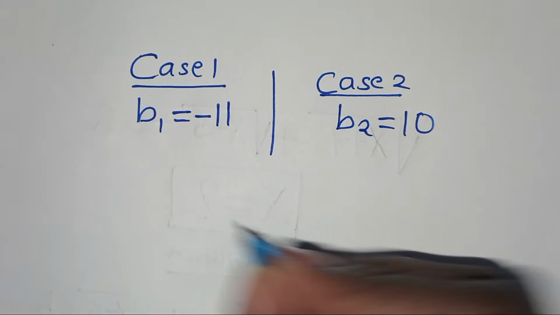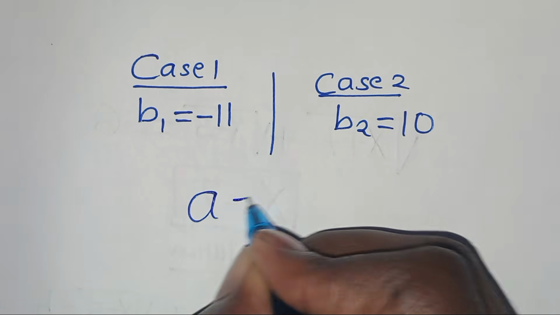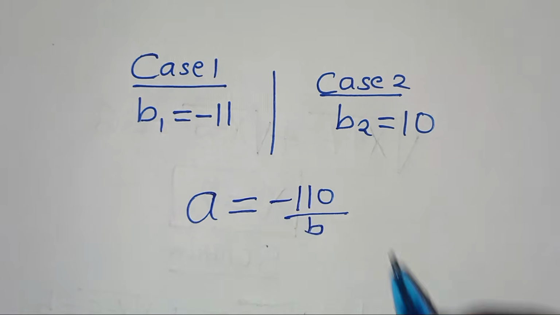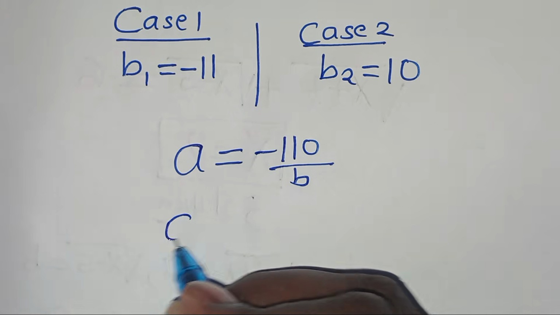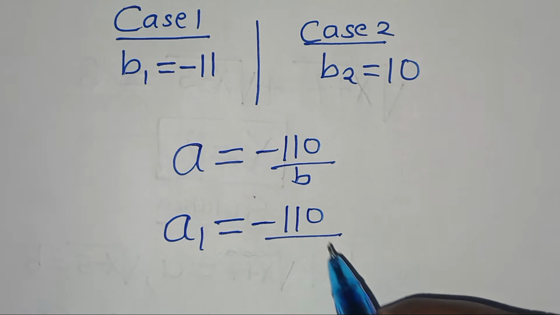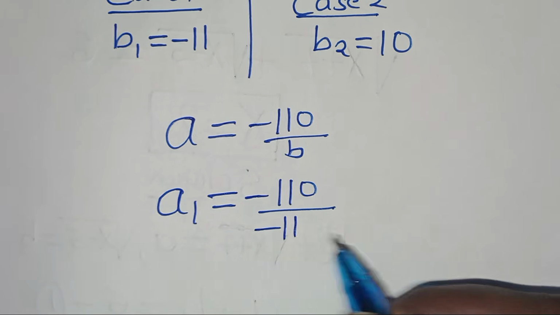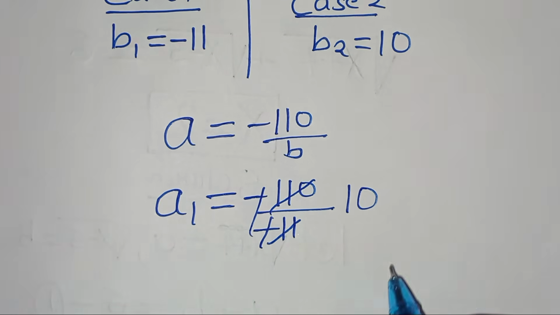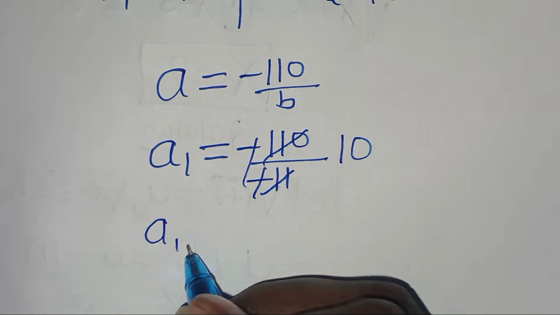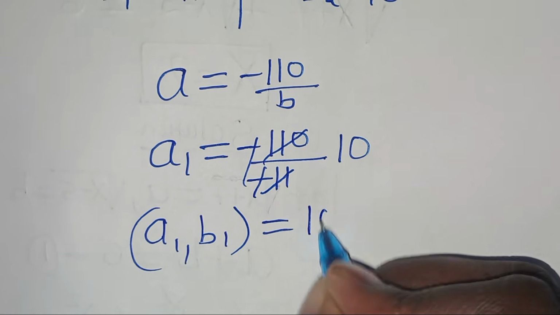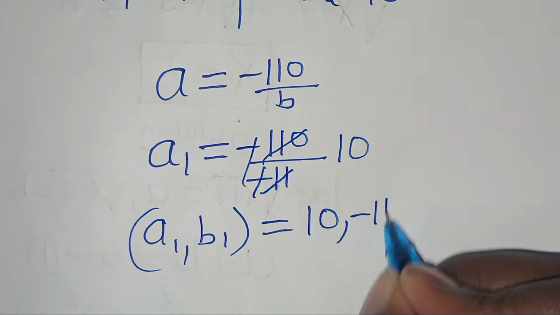Now from equation 4, A is equal to negative 110 divided by B. So this means we can solve for A1, which is equal to negative 110 divided by B1, which is negative 11. So if we simplify here, we have A1 is equal to 10. So A1 comma B1 is equal to 10 comma negative 11.